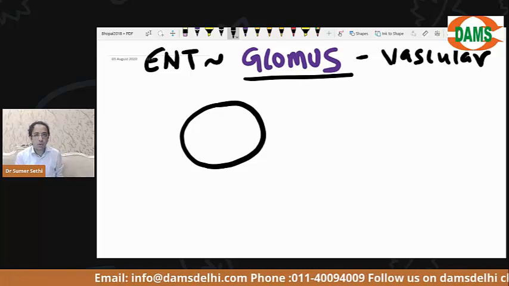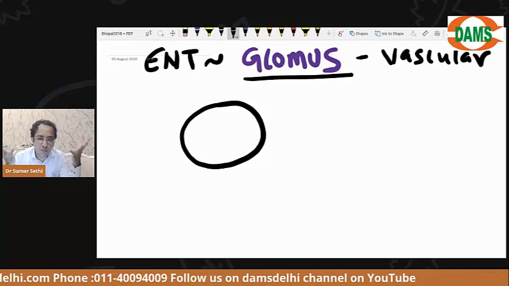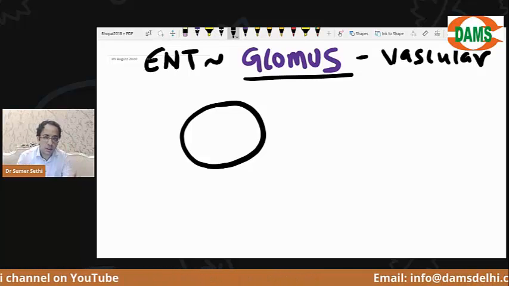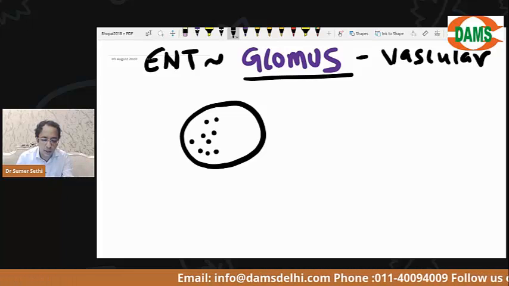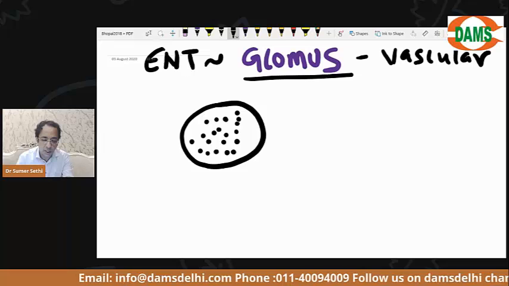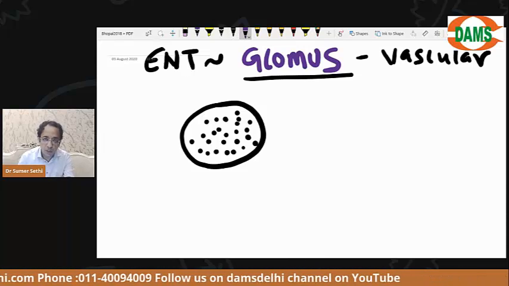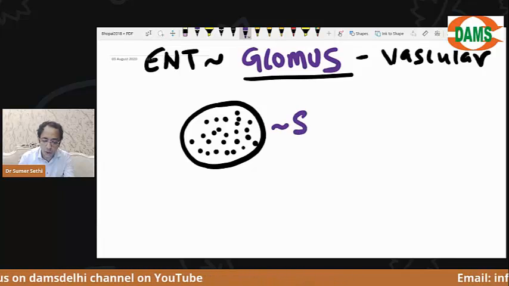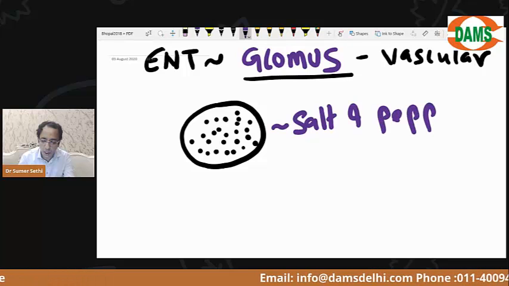If it is very vascular, it should have a lot of blood vessels with flowing blood. But the flowing blood on MRI is always dark. So you will see dark, dark, dark blood vessels. And that is why whenever the foreign people saw this, they saw black dots, and they call it salt and pepper appearance on MRI.